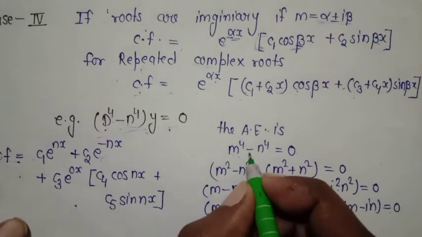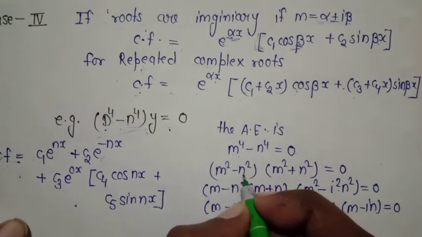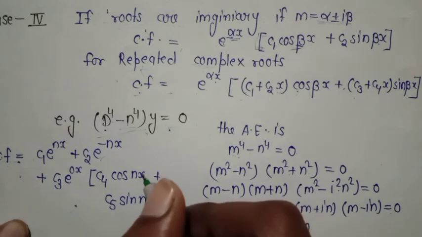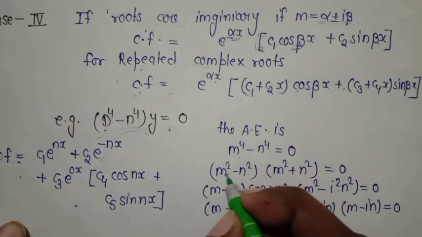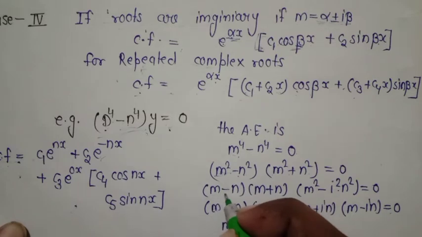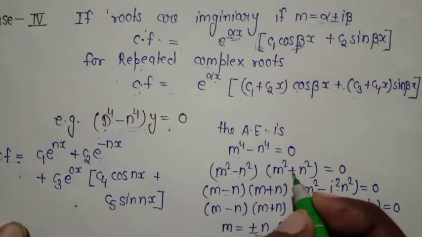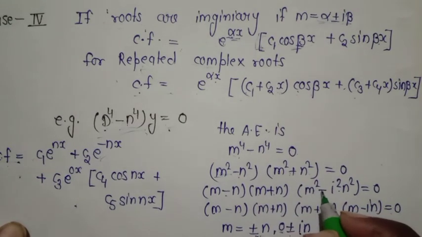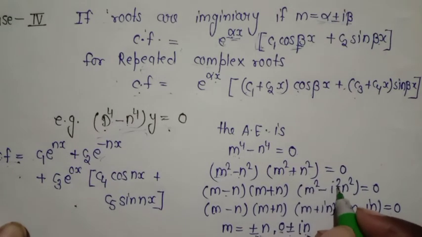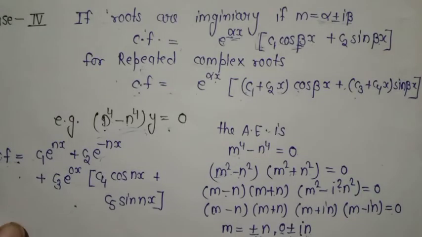So if I write, then I can write it as m square minus n square into m square plus n square by the formula of a square minus b square. And if I apply again that formula here, then we get m minus n, m plus n. And yes, this plus can be written as minus i square, because the value of i square is what? This is minus 1 and minus minus becomes plus.